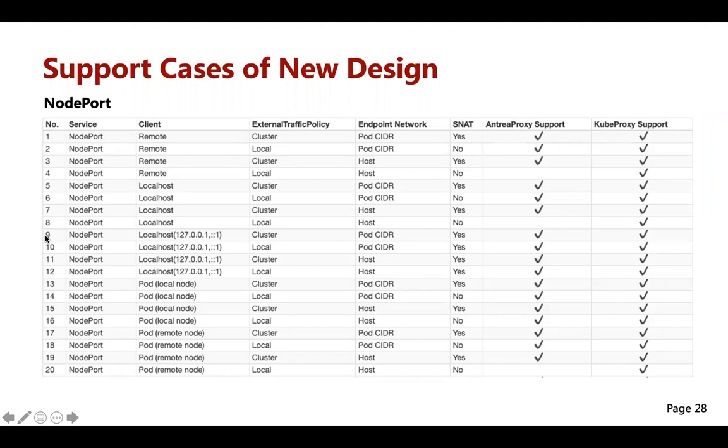Sorry, I didn't catch what you said. What I think Yang's question is about is why, in the case where external traffic policy is local, you do not need SNAT. Is that correct, Yang?